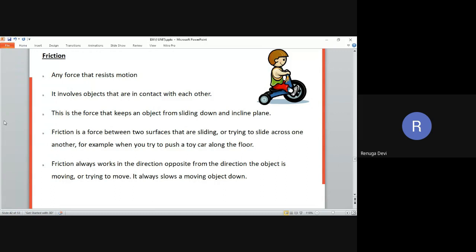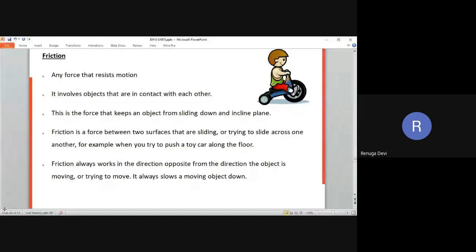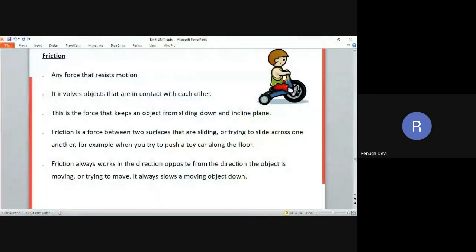Now come to friction. Friction is any force that resists the motion. You know friction very well. Still 5 more minutes I'll take because I've started. Now I'll explain the principles involved, a simple brief introduction. Friction involves motion and contact with each other.